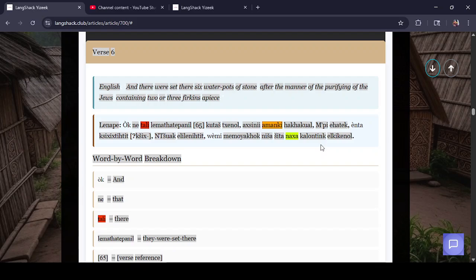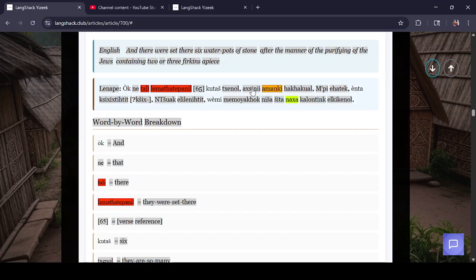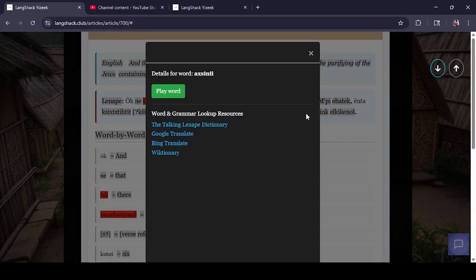Kutash. Pretty sure Kutash is 6. Hold on. Yeah. Of stone.